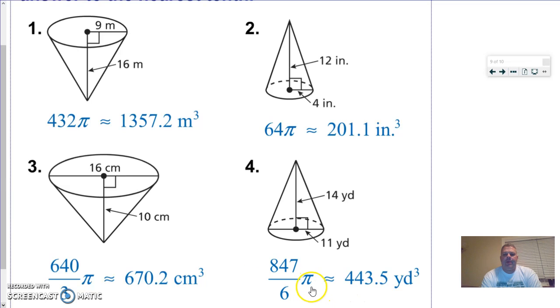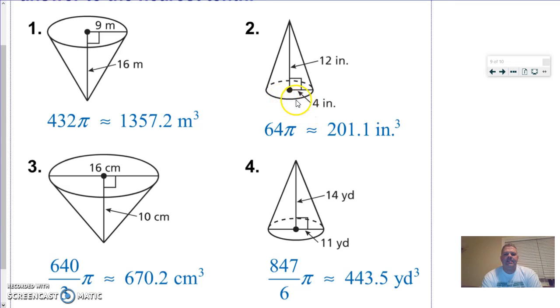That multiplied by pi, and we get 443½ cubic yards.